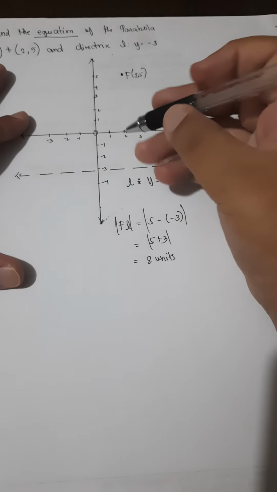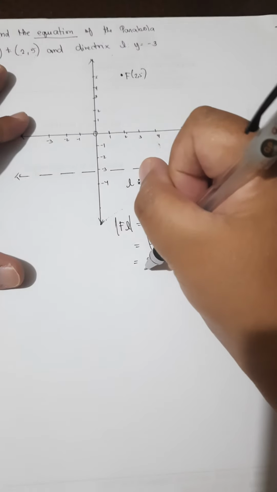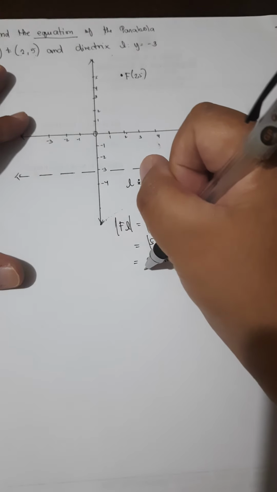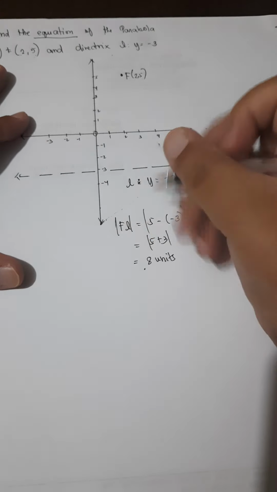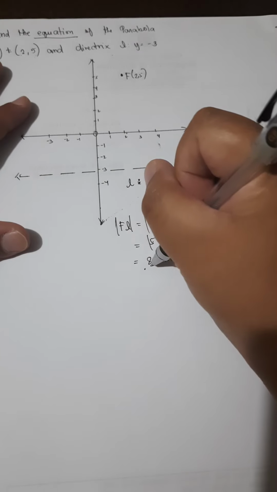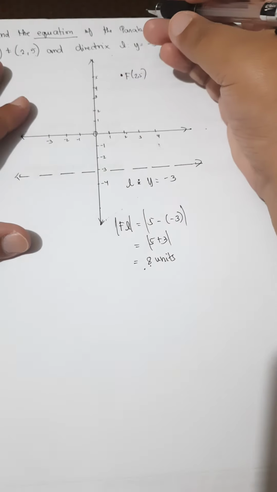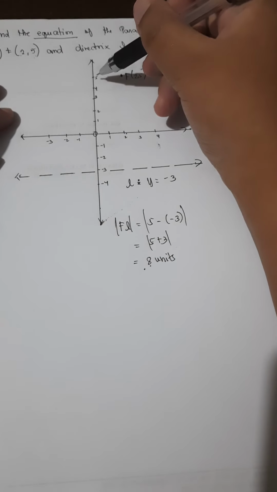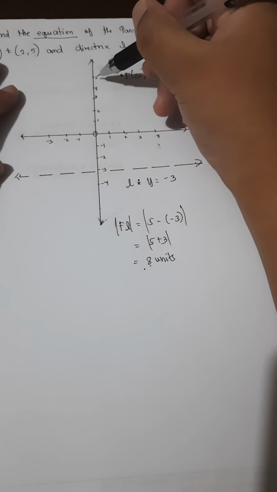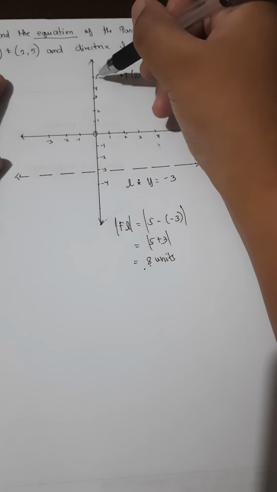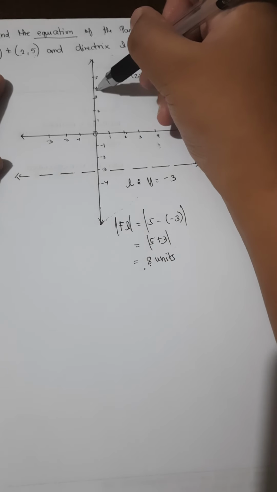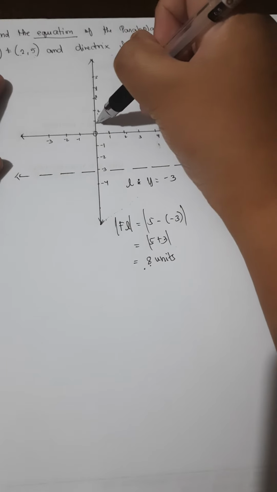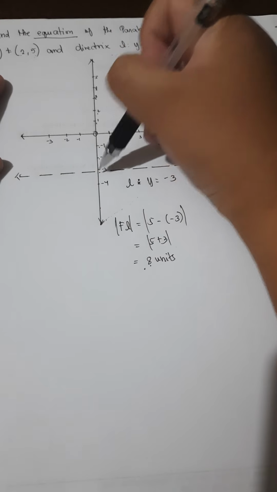Okay, so taking the half of this in order for you to plot your vertex, you just divide this 8 into halves. So 8 divided by 2 is 4. So if you check it manually to verify your distance, this is how you're going to count. So we have 1 unit, 2, 3, 4, 5, 6, 7, 8.